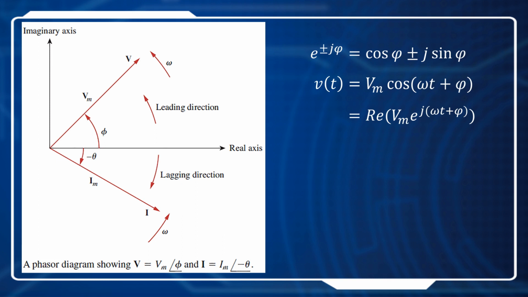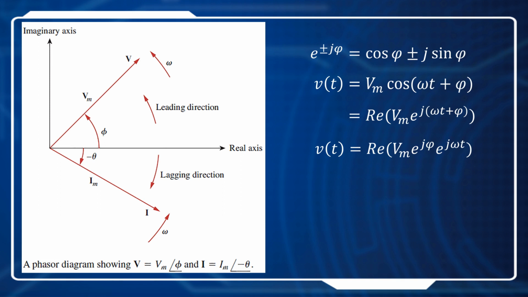So what is the relationship between a sinusoid and a phasor? Actually, the sinusoid is the real part of a phasor multiplied by another phasor, which means v(t) equals the real part of Vm multiplied by e to the j phi multiplied by e to the j omega t, where e to the j omega t is the rotating factor.